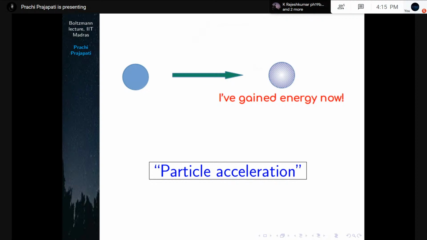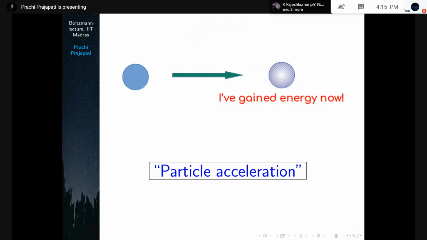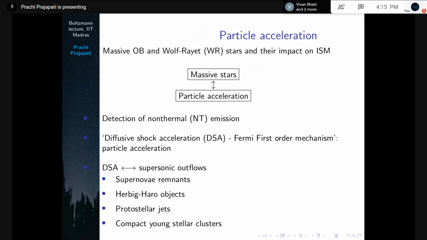Now the second part in the title of my talk was particle acceleration. We'll come to the relation between particle acceleration and Wolf-Rayet stars at the end of the talk. Before that, let's go very briefly through what particle acceleration is and how massive stars contribute to it. In recent years, people have started investigating massive stars as sources of particle acceleration.